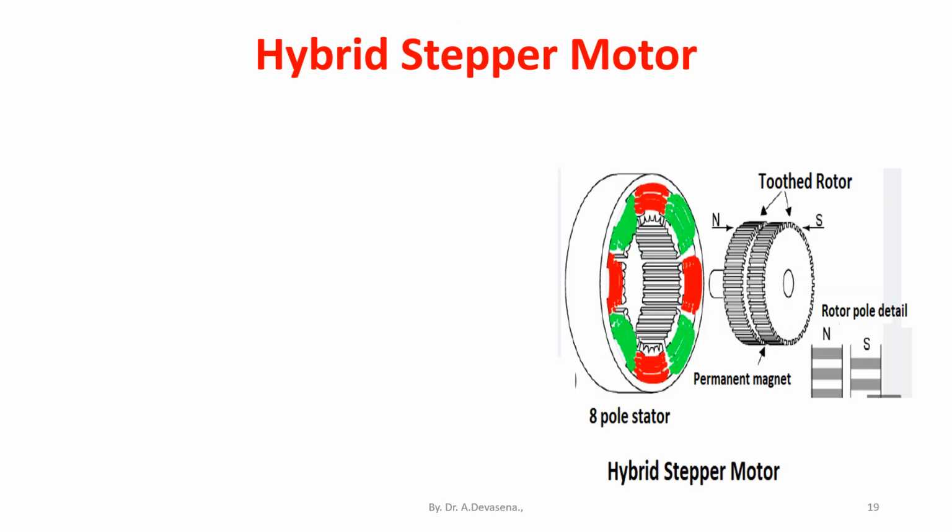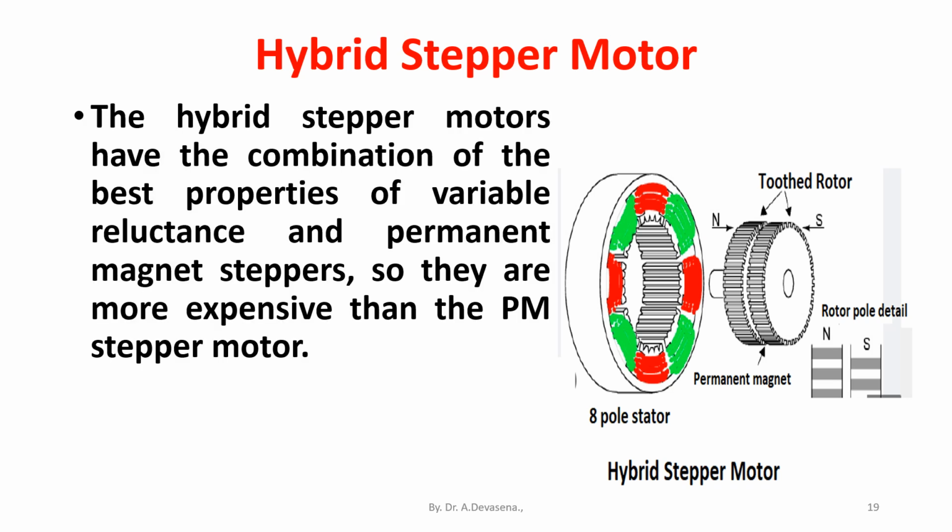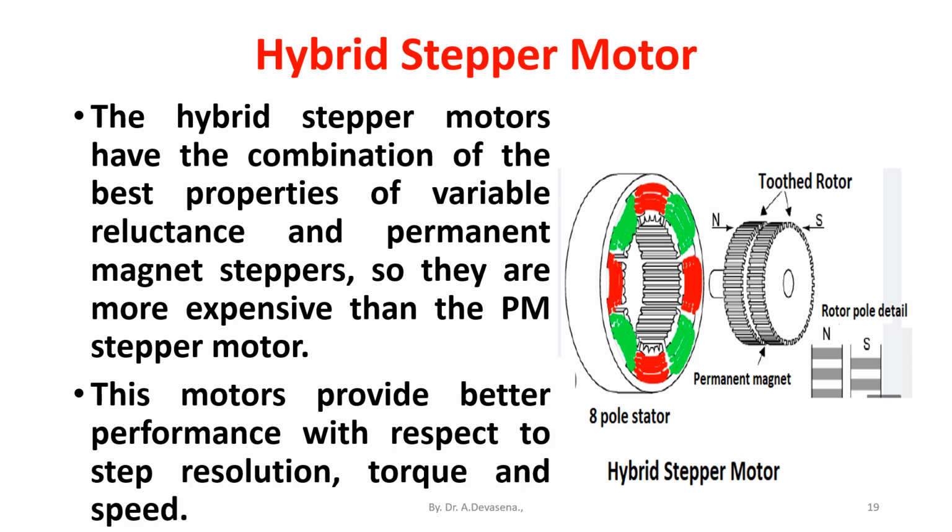Let us discuss the hybrid stepper motor. Hybrid stepper motors have a combination of the best properties of variable reluctance and permanent magnet steppers. So they are more expensive than the permanent magnet stepper motor. These motors provide better performance with respect to step resolution, torque and speed.